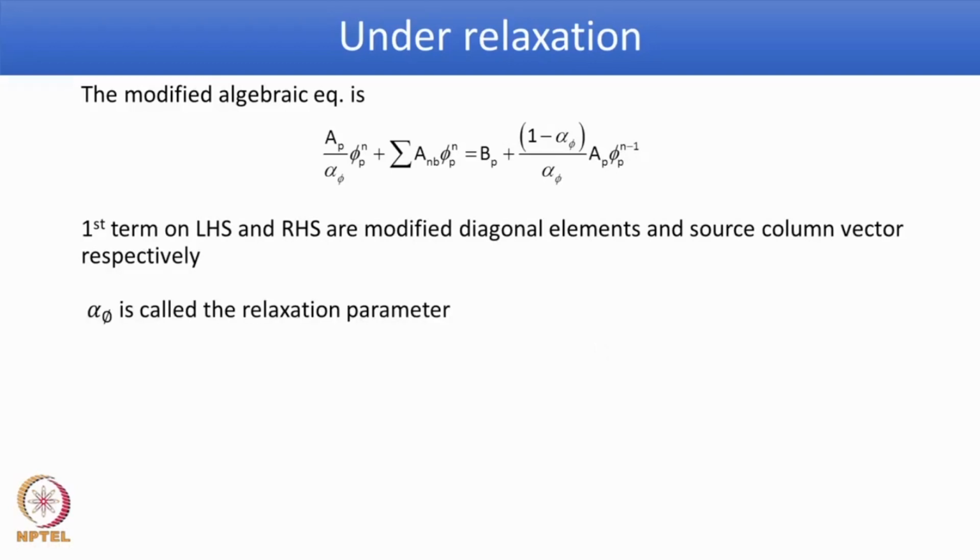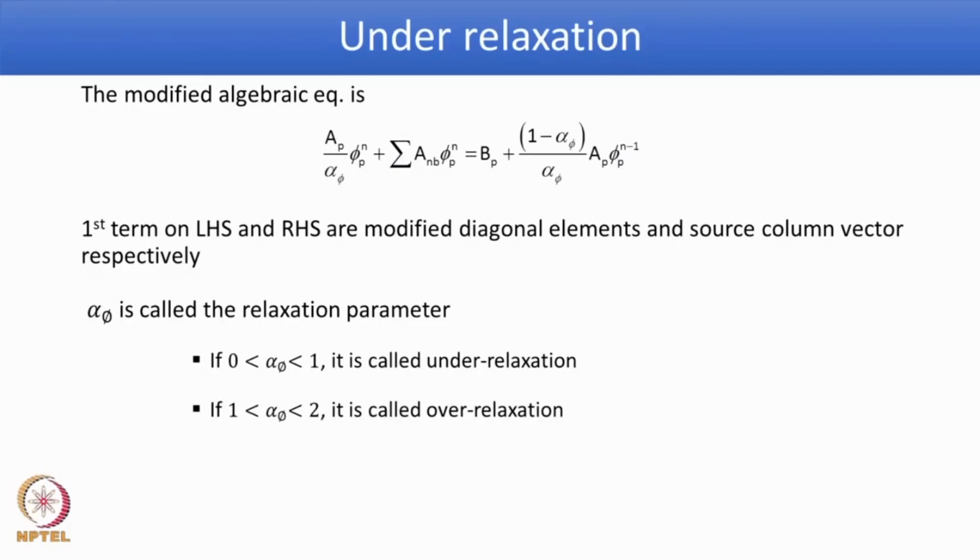Alpha_phi is called the relaxation parameter. So, while solving equations, you can appropriately define the relaxation parameter for different variables. For example, velocity can have one value, pressure can have another value, and if you are solving for turbulent flow, k and epsilon variables can have another value. So, alpha is a relaxation parameter which varies for different variables.